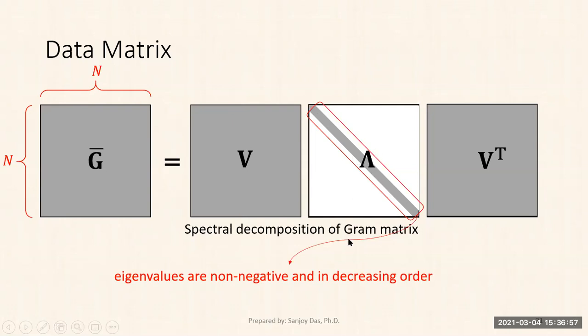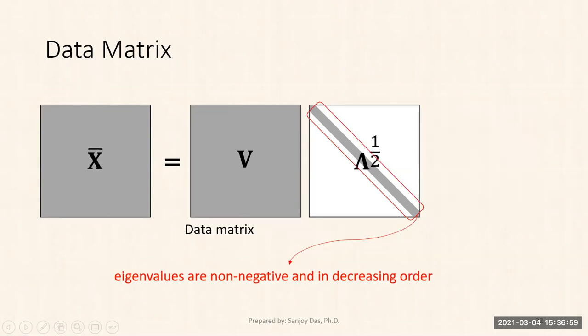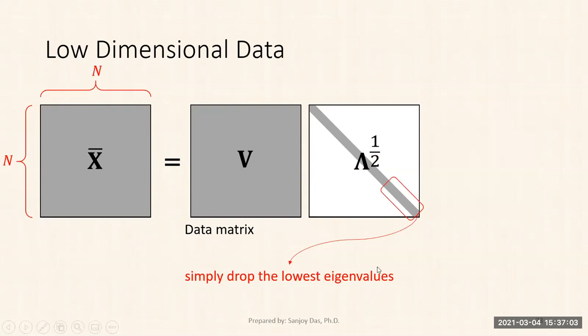And so you can simply drop the lowest eigenvalues, which is actually what we did. We just took the first 3 eigenvalues; we dropped this entire block.